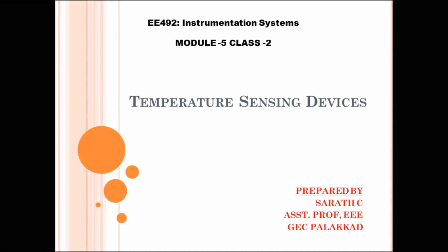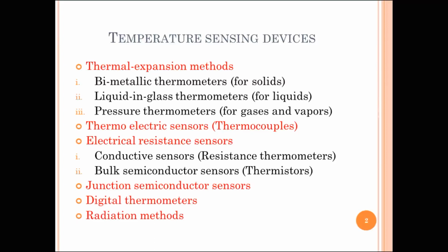It's an important topic. As we know, a temperature sensing device is used to measure temperature. As per the ways in which the temperature measurement is carried out, we can classify these temperature sensing devices into 6.